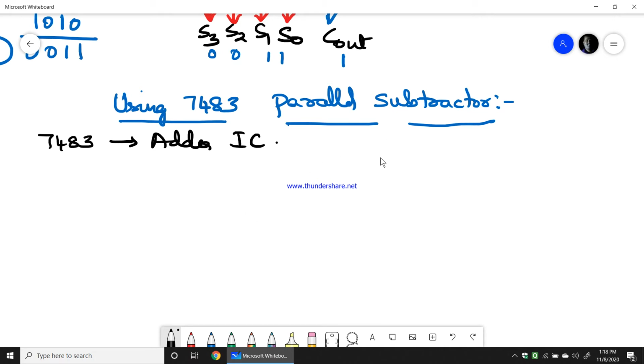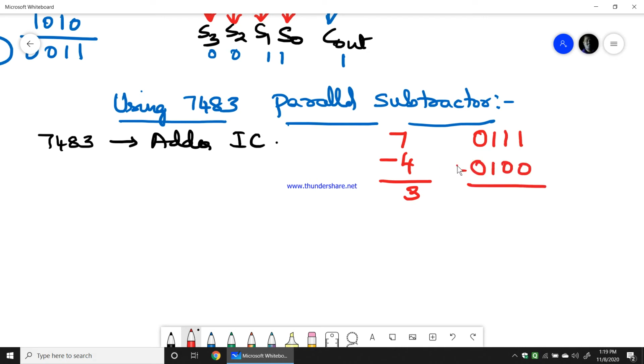So for that, let us take an example, two different numbers. For example, I am subtracting 4 from 7. So in decimal, 7 minus 4 is 3. So in binary, we take 7 in binary 0 1 1 1 and we take 4 in binary 0 1 0 0. Now we need to subtract these two values.